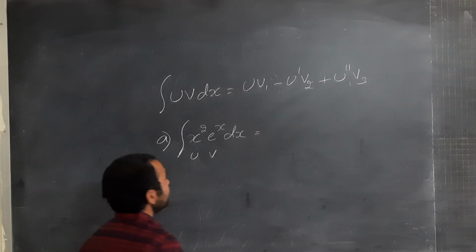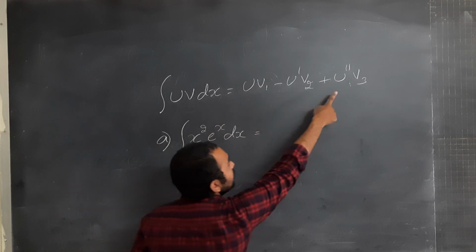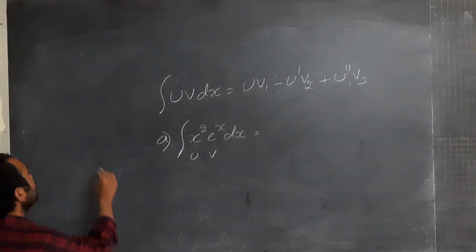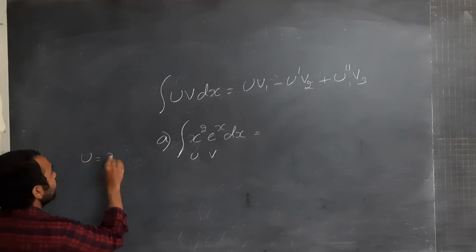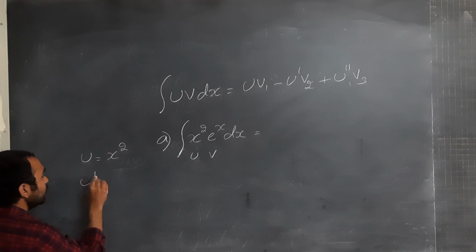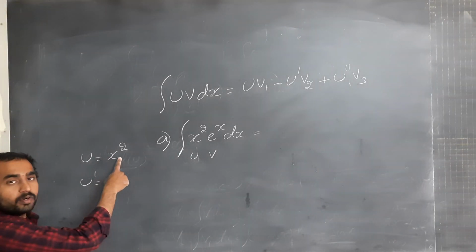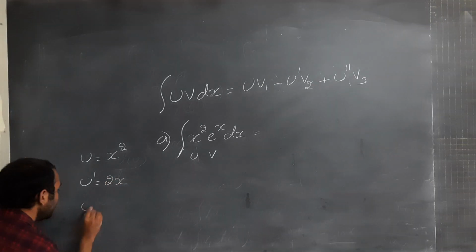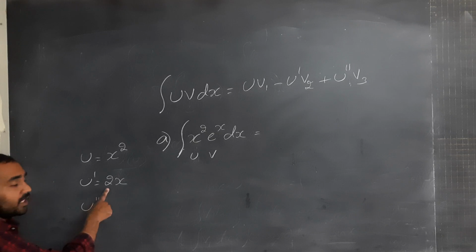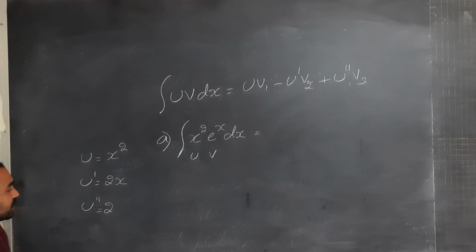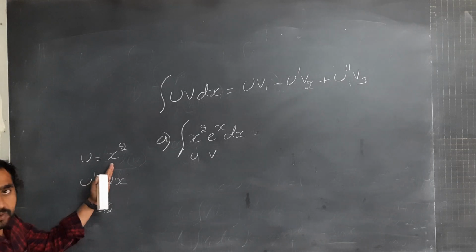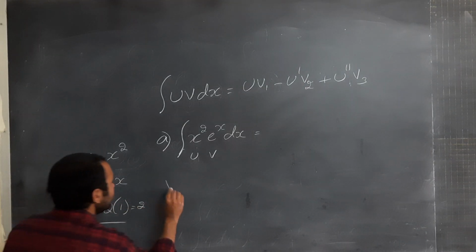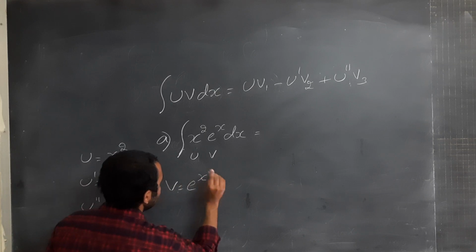We need to find u dash, u double dash, and v1, v2, v3. Consider u equals x square. To find u dash, we differentiate x square, which gives 2x. Next we find u double dash: the constant 2 is written outside, and the differentiation of x with respect to x is 1, so u double dash is 2.